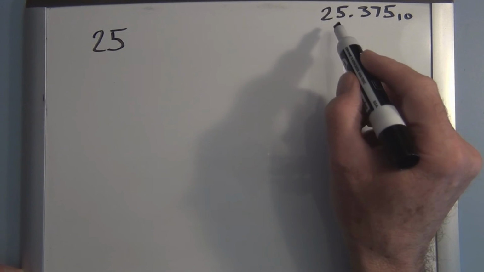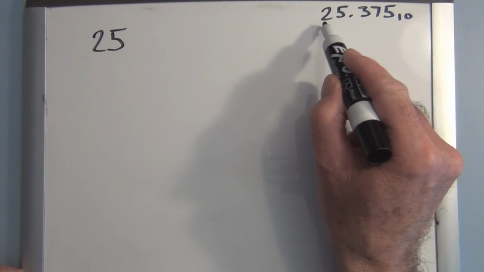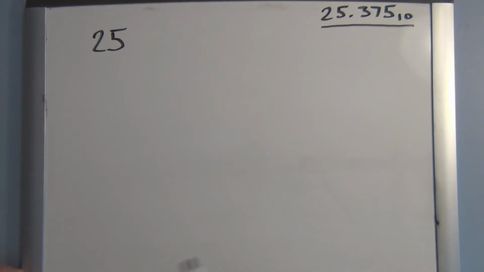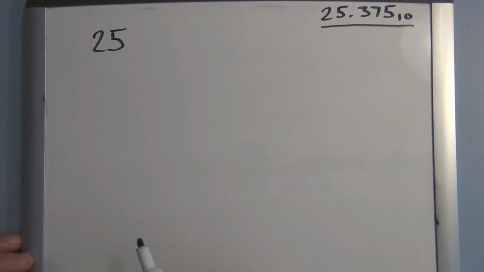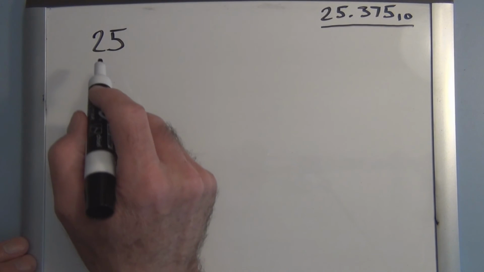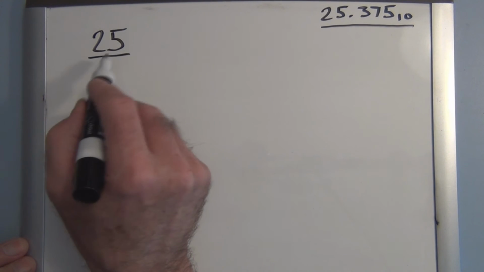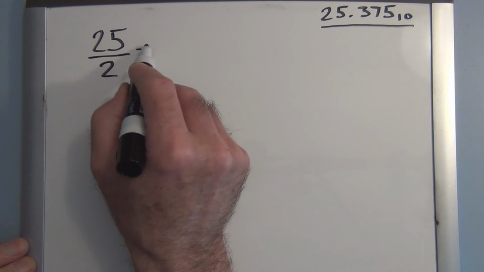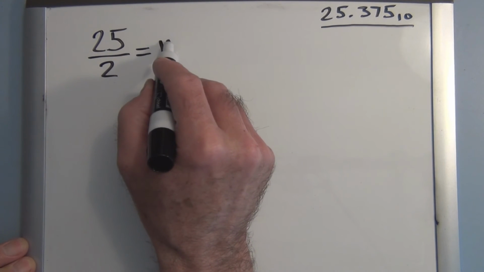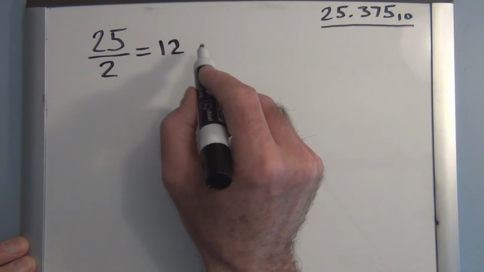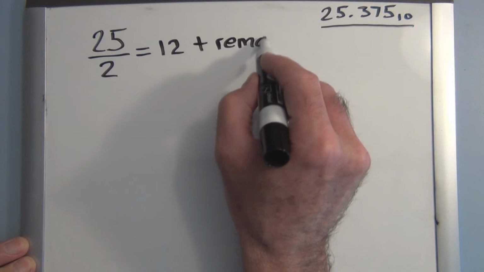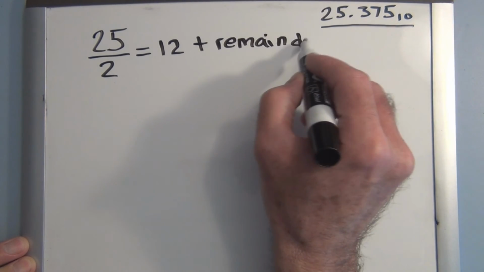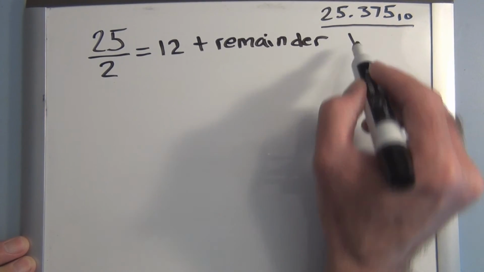So just as a reminder, here's the complete decimal number that we're interested in converting into binary, and we're going to start with the whole number portion. So we have 25, and if we divide that by 2, we get 12, and we'll have a remainder of 1.